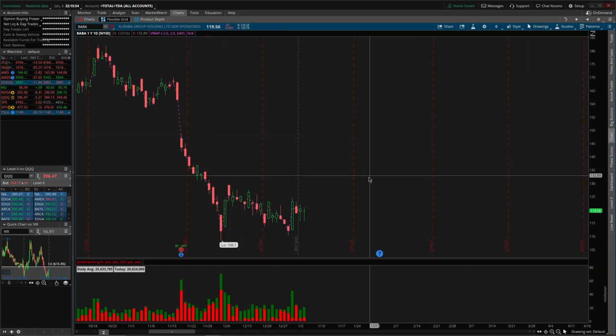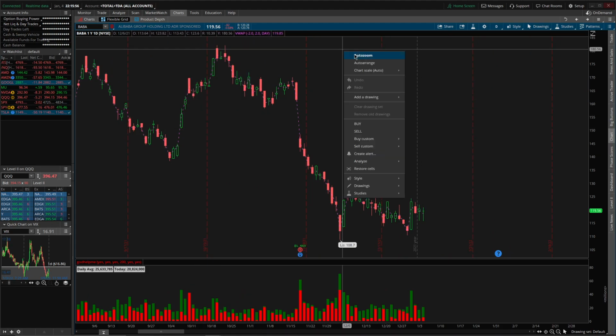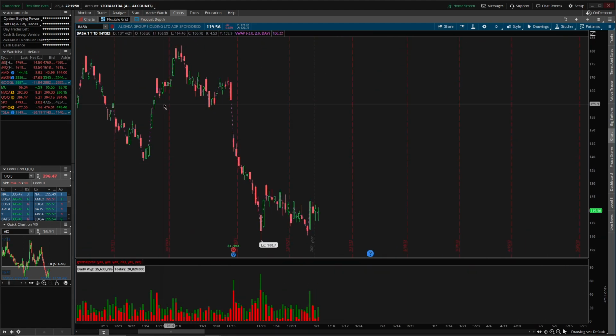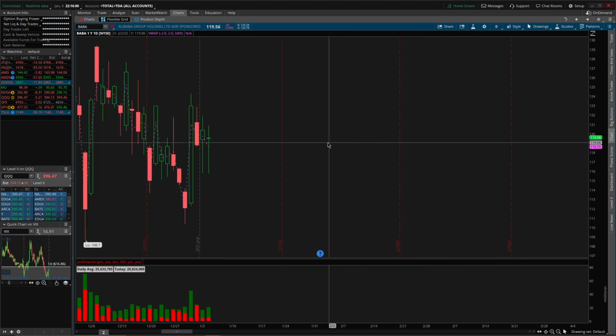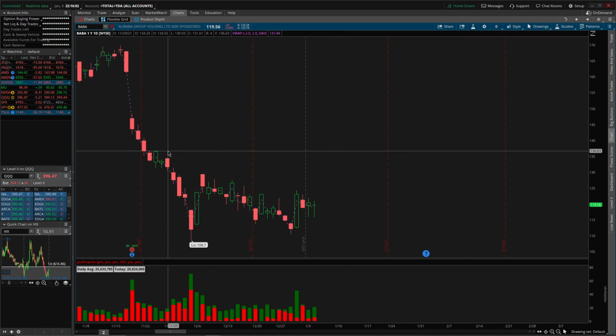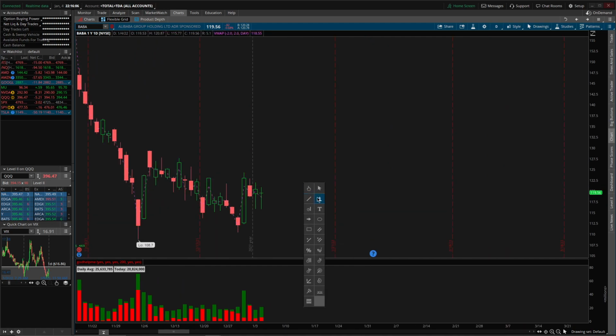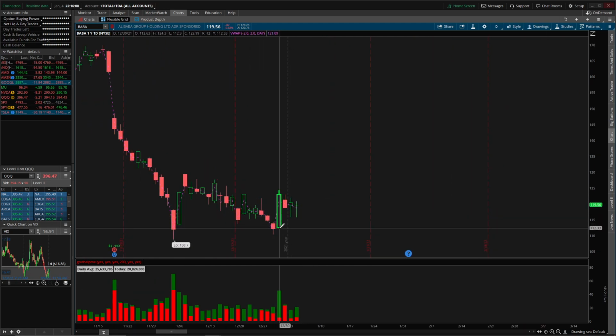Okay, so for Alibaba, big sell-off. Right here, I can immediately spot a demand zone, and again, you want to look for a basing candle. Doesn't matter whether it's for demand or supply, you want to find a basing candle before a big move to the upside or the downside.